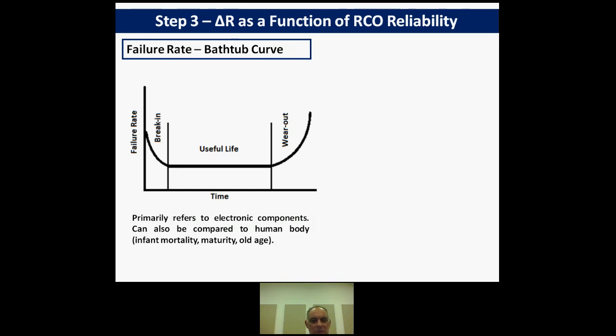Sometimes a light bulb will break on the first trying to light it up. And then we go through a period of more or less steady failure rates, which are very important for us because this is where the item, system, equipment, and to some large extent human beings themselves, spend most of their time.